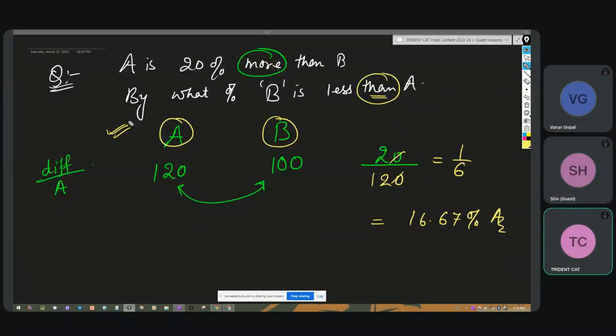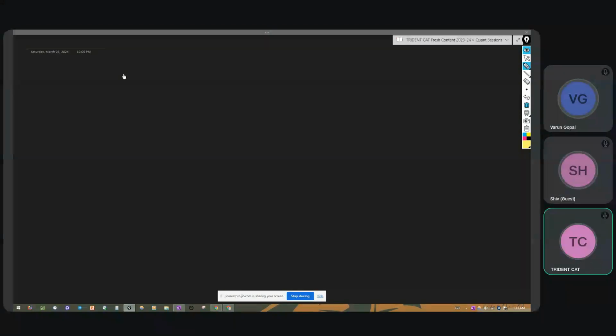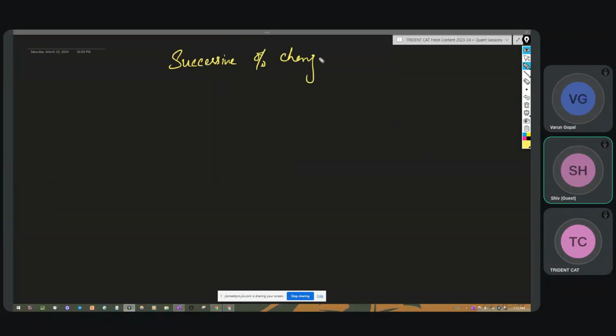With that being said, guys, it's almost 3 hours and a little bit more than that. There is one more idea that is left, which is successive percentage change. Should we do it or should we leave it? Tell me. We can do it tomorrow, I guess.